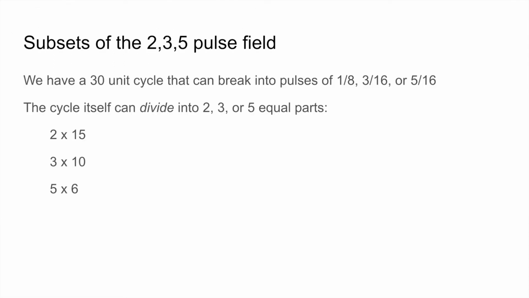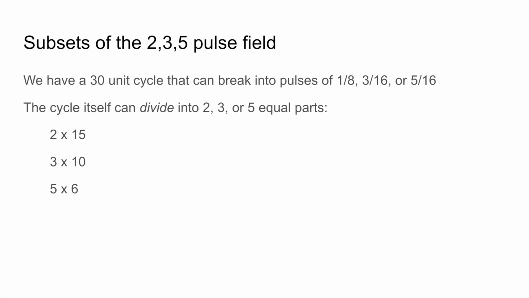Cool. So we have the pulses that are each integer multiples of our reference unit, which is the 16th. But when we start to fiddle around with this and create our lattice, then we can see that the cycle itself can divide into 2, 3, or 5 parts. You can do it from the unit up, where you say 16th, that times 2, that times 3, and that times 5, and you let those resolve over the course of 30 units.